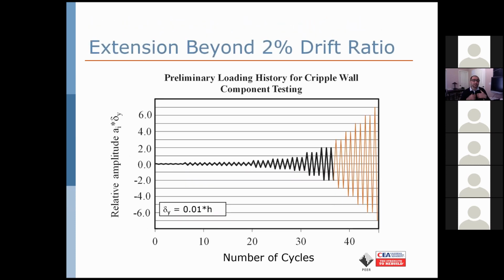We also continued our loading protocol all the way up to the level where there is a major drop in the strength demand. This is shown in this slide with the orange line. The vertical axis and the horizontal axis are the same, just the range of the vertical axis changed, and we have 2 cycles for every increase in the drift limit. Later on, after we saw the results of the test at San Diego, we decided that maybe 1 cycle for each increase in amplitude is enough.